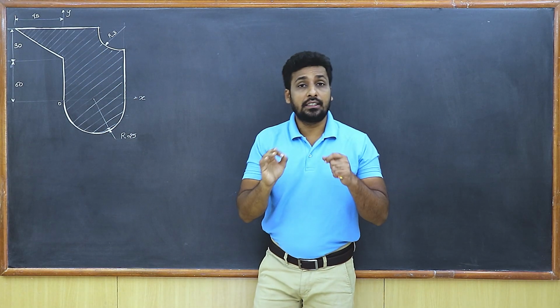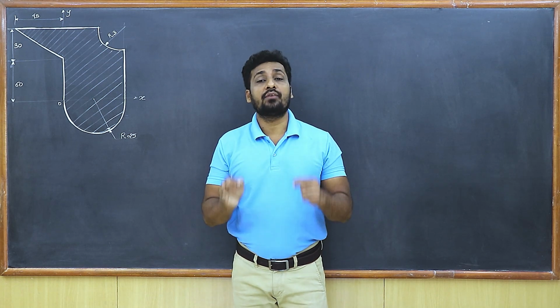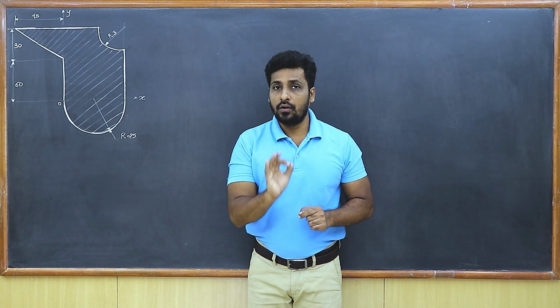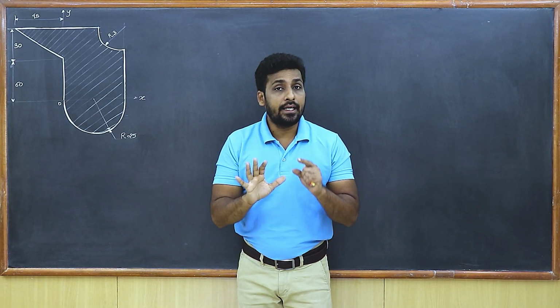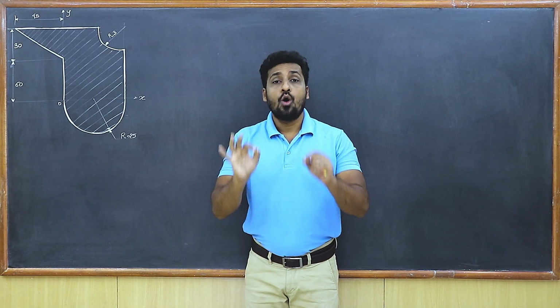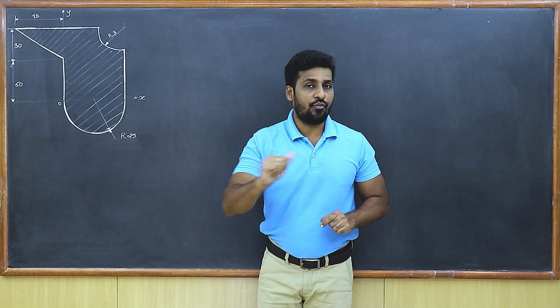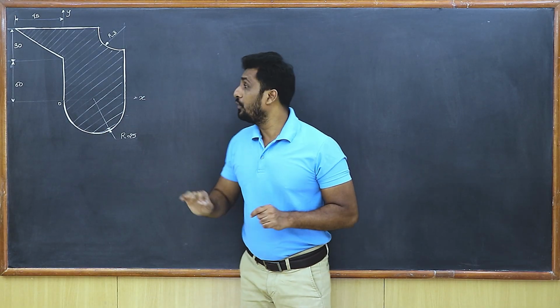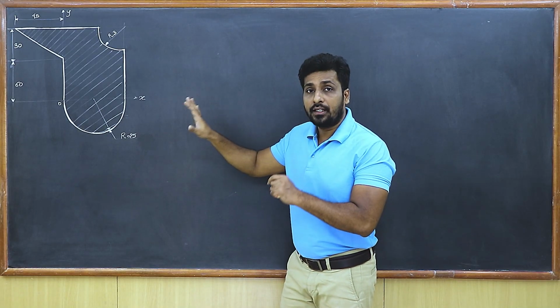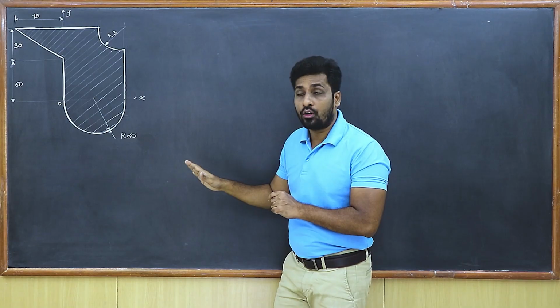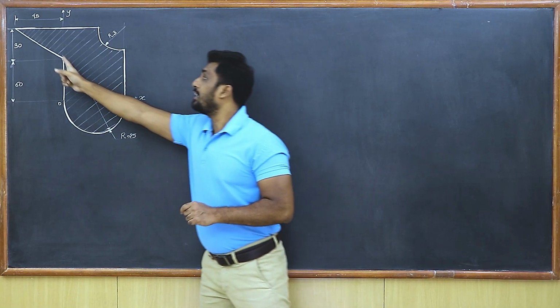Now students, what is different in this question and the question that we have taken previously? In the previous question, the entire composite shape that was given to us was present only in the first quadrant. But look at this particular diagram. If you observe here, there are some standard shapes which are in the second and the fourth quadrant. Observe carefully. Look at this triangle.